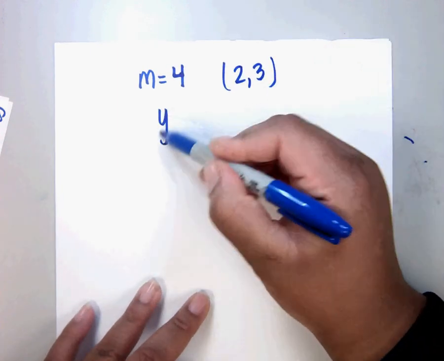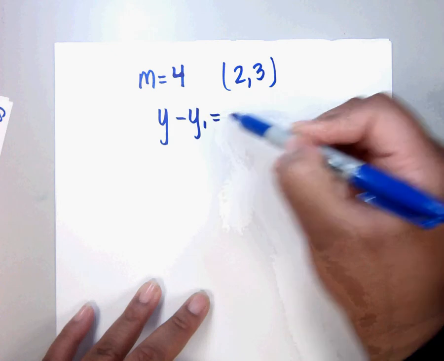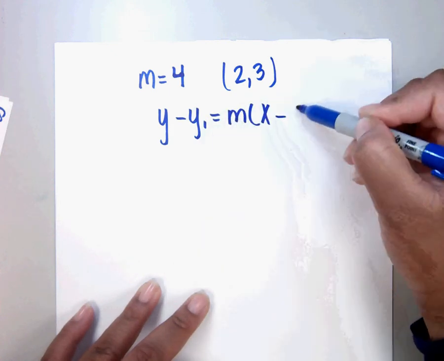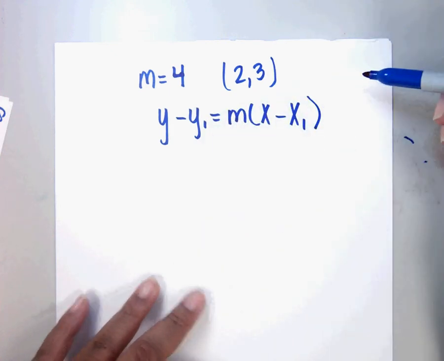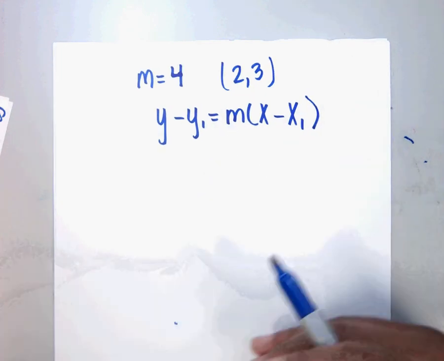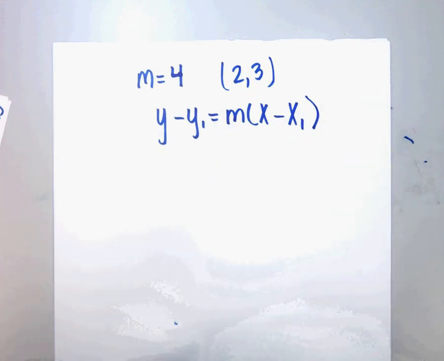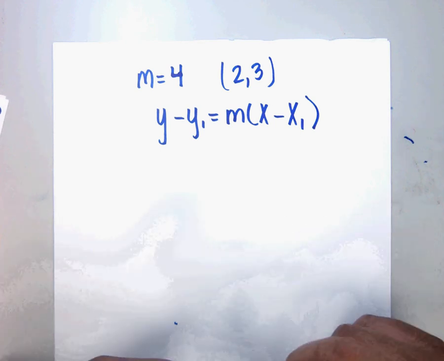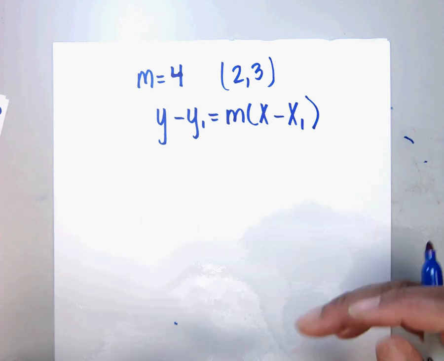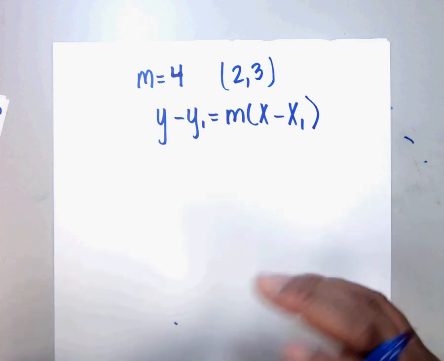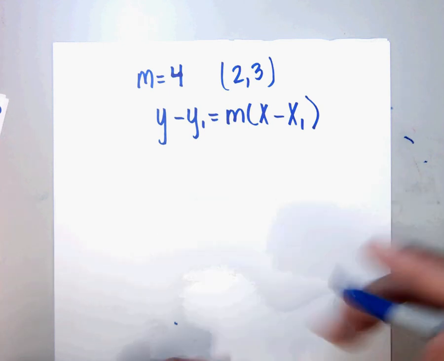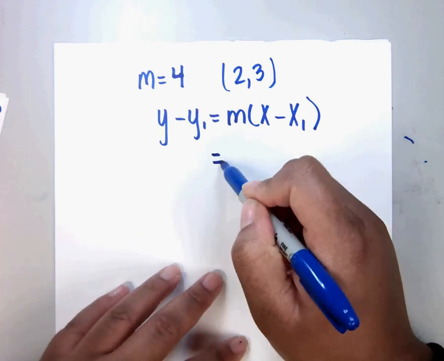Please use point slope to answer this question. Now, without seeing what I do, I'd like for you to pause the video, try this problem, see how far you get, and then when you're finished, press play and see if you got it right. So pause.